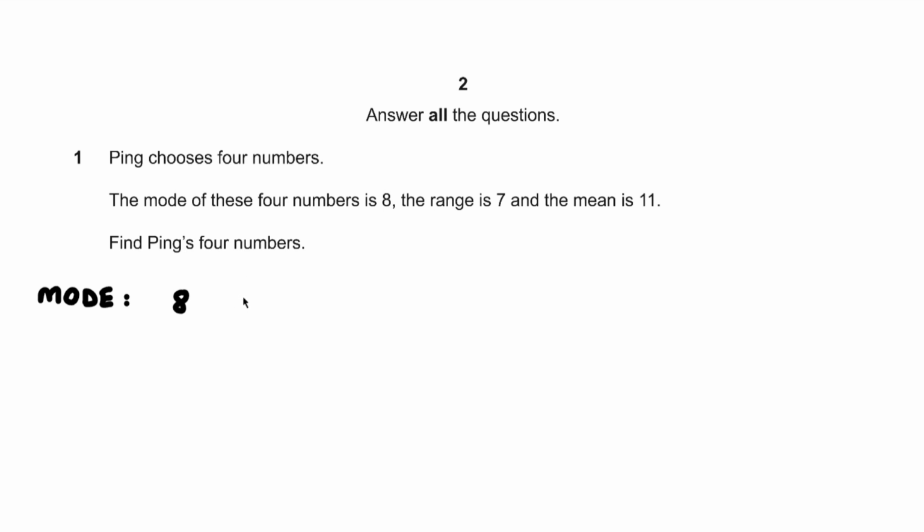Now, if I have, say, 4 8s, like so, the mean will be 8, the mode of course is 8, the range is 0. So I can't have 4 8s.